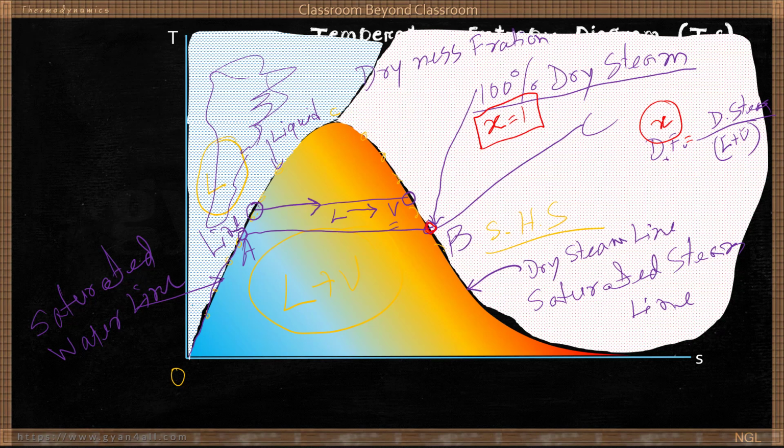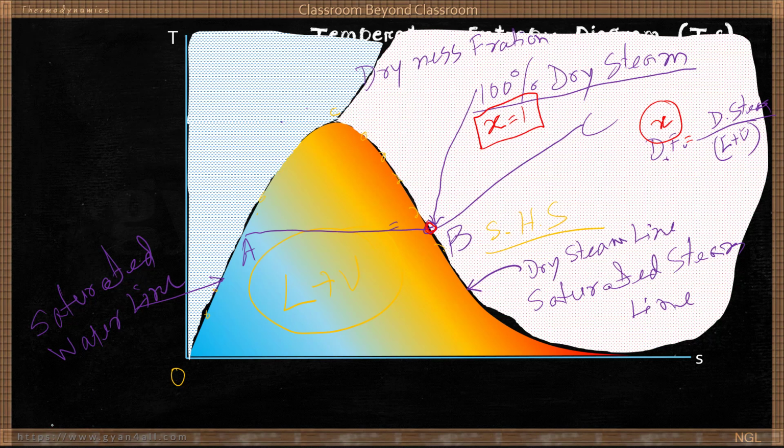Now what about point A? Dryness fraction? Very good. So if we write at this point x equal to 0, then also it is okay.